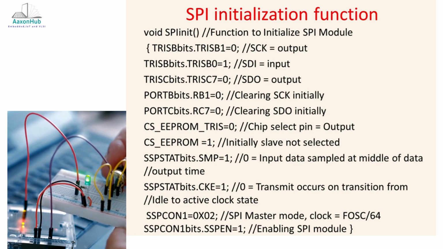After that, check the transition polarity for CKE, and then set the microcontroller master clock as per the setting required in the SSPCON register, and then enable your module. So in this way you will be able to initialize SPI under master mode.